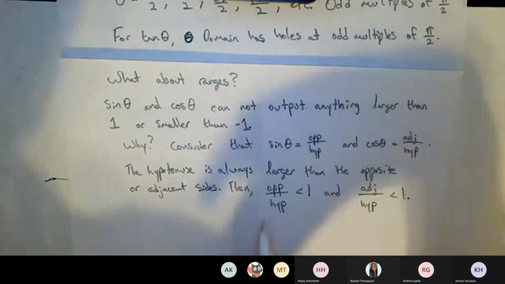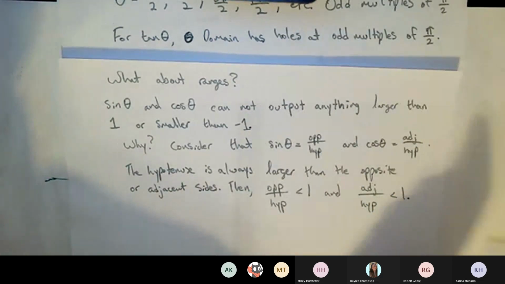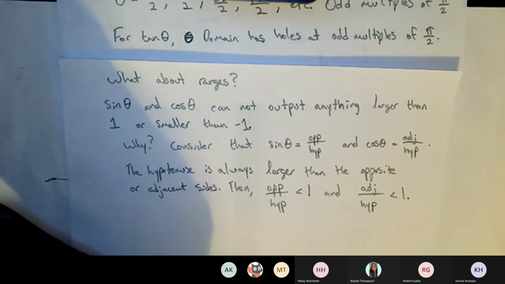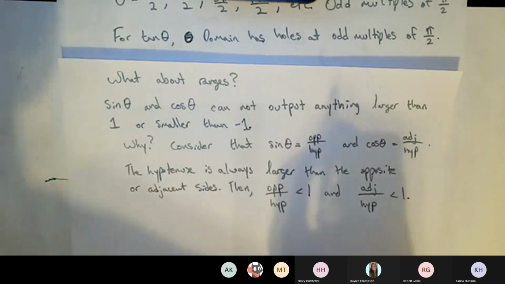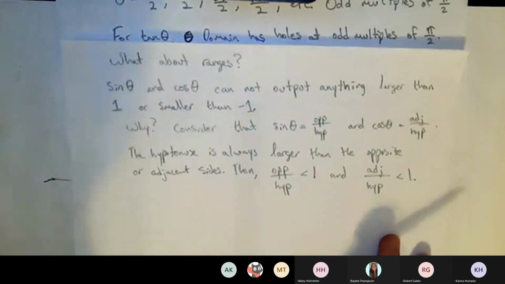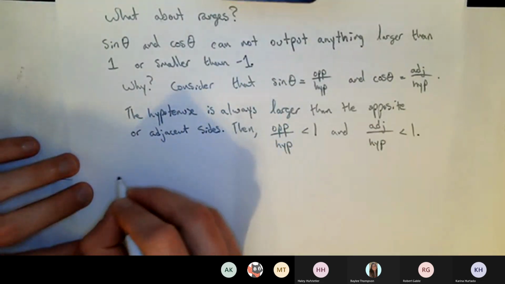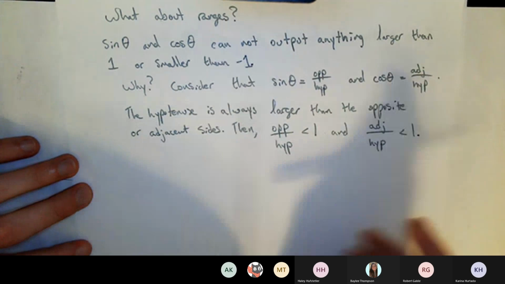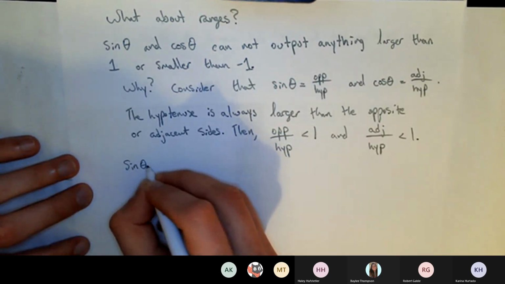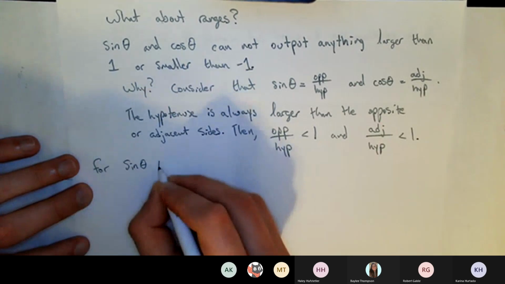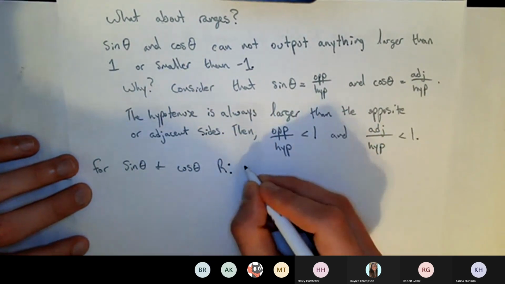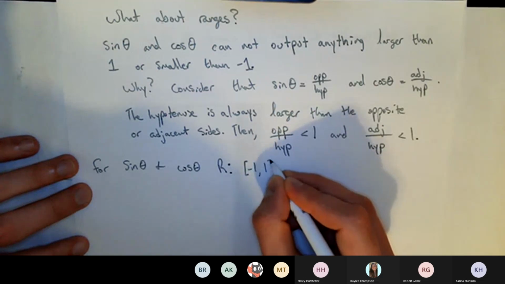And if I flip this over and make everything negative, it's the same kind of argument if you just slap a negative sign on it. So that's why sine and cosine are bounded between 1 and -1. So for sine theta and cosine theta, the range, capital R, is just going to be from -1 to 1.